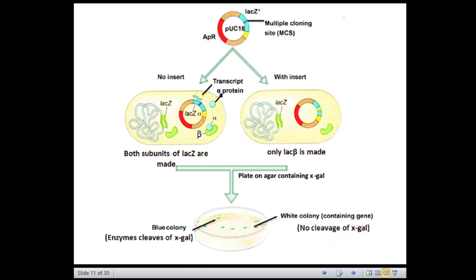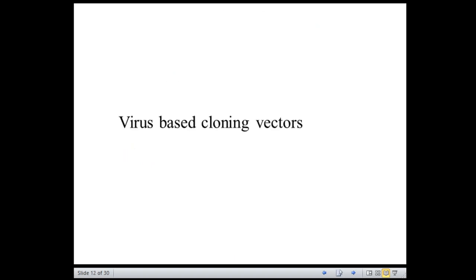So this is basically about the plasmid selection system, and we saw two examples for the plasmid based vectors. Now we will continue to understand about virus based cloning vectors. A useful feature of any cloning vector is the amount of DNA it may accept or may be inserted before it becomes unviable.